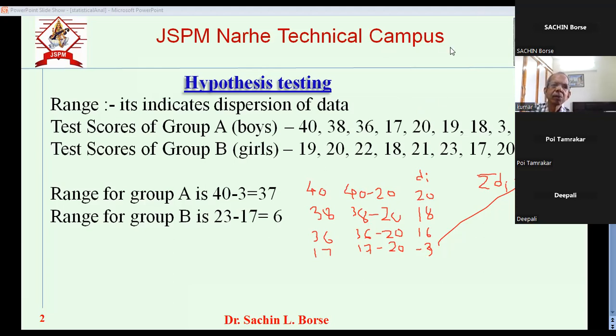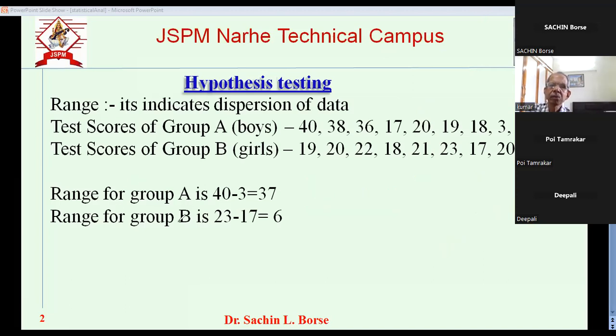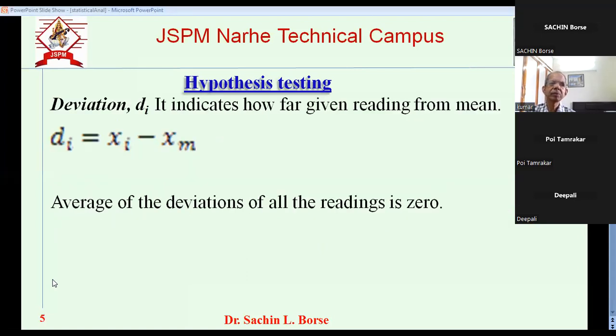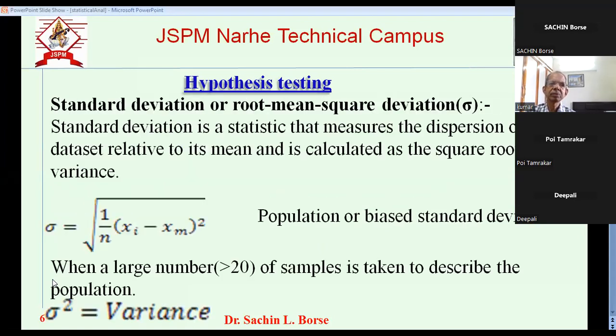Now I will just clear this and move to the next topic. So we are just in the deviation. From the deviation, we can find the standard deviation.